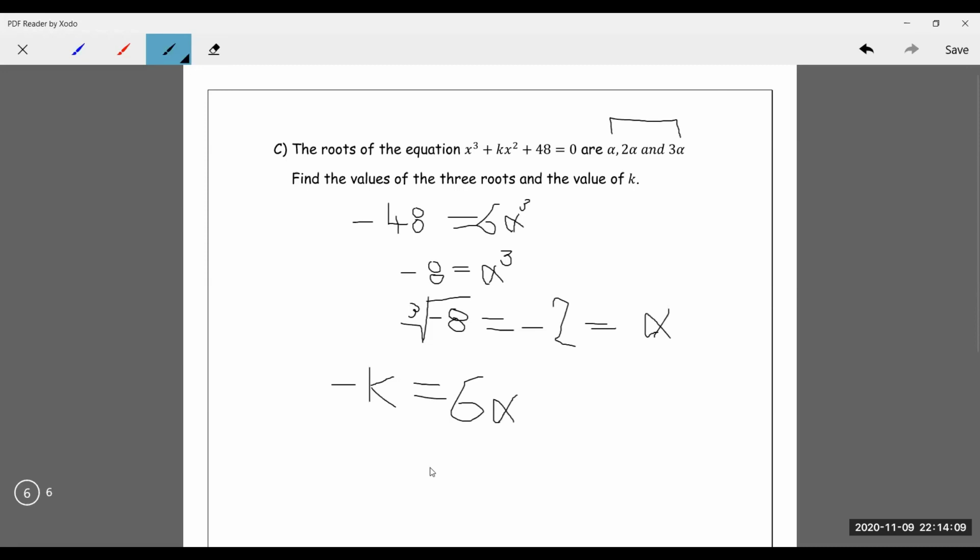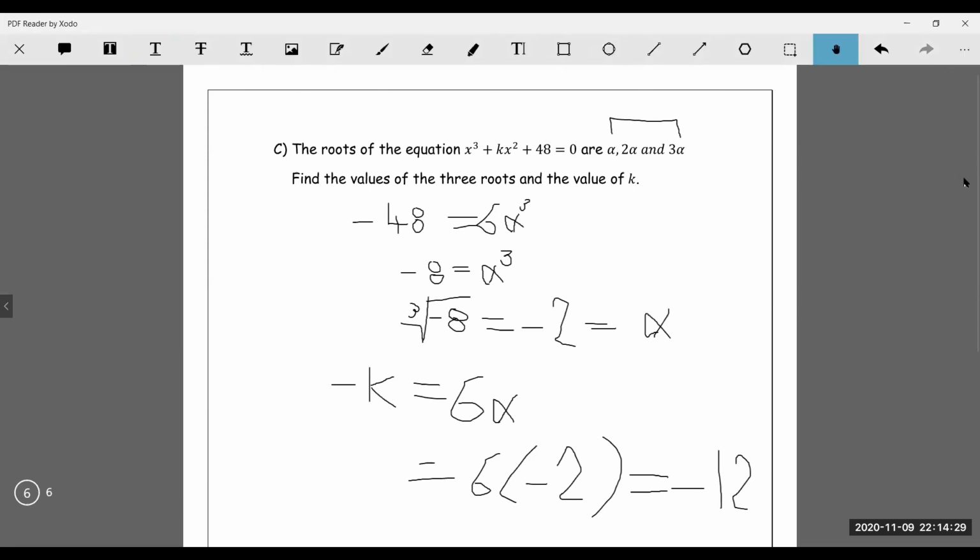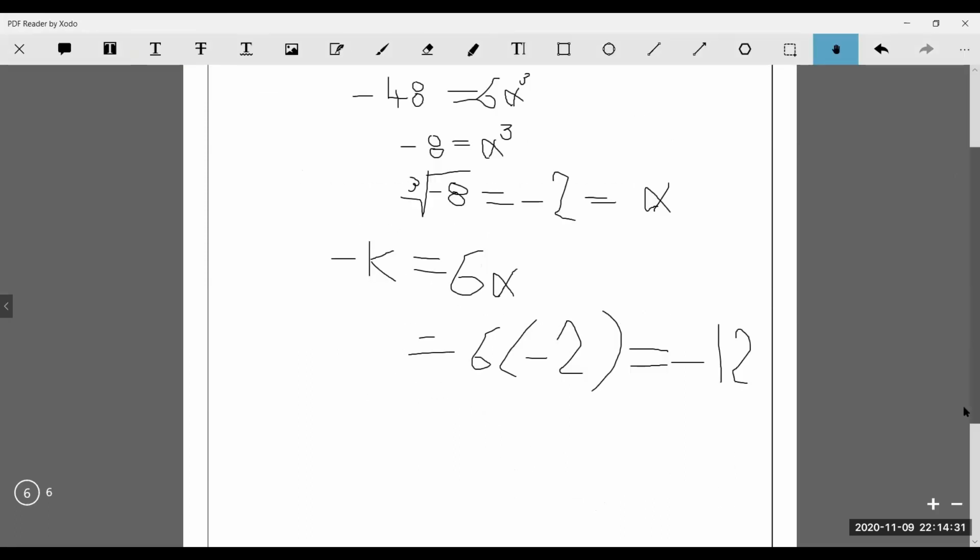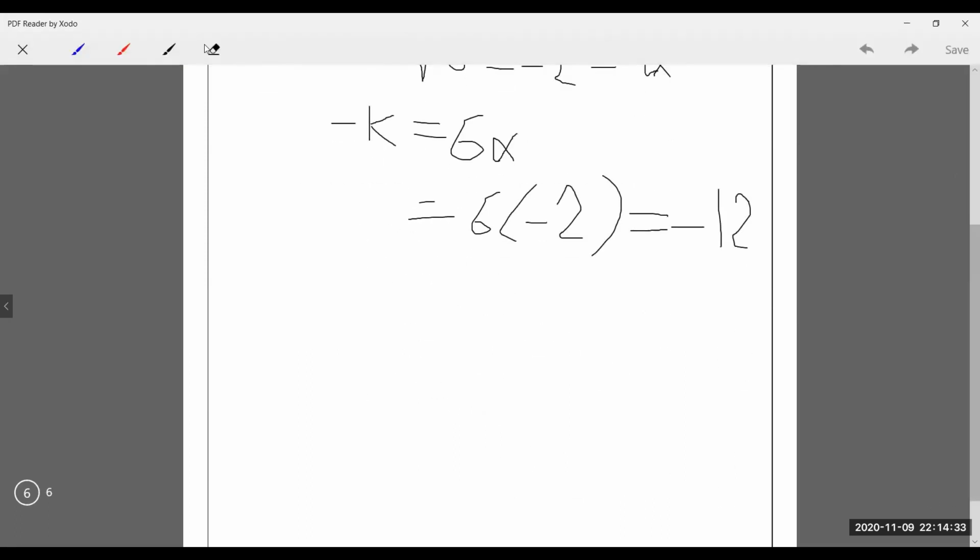And so minus k is just equal to 6 times our alpha, which is negative 2. And so minus k is actually equal to negative 12. And so we found k right away. And so what we've actually found is that k is equal to 12.